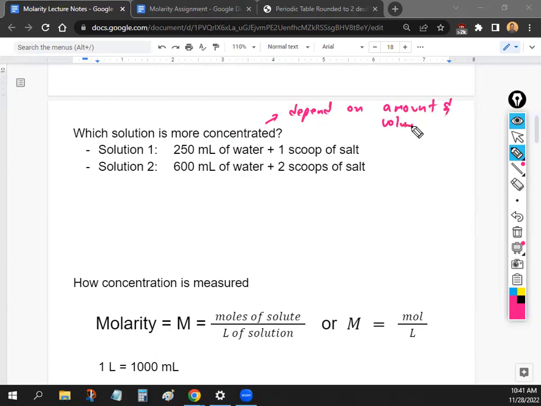Depending on how much salt there is, you can change the concentration, but it also depends on how much space there is. The more water you have diluting it, the less salty it's going to be. Those are the 2 things you want to think about. Just because this one has more salt in it doesn't necessarily mean it's always more concentrated. Marianne said the second one is more concentrated, or tastes saltier.